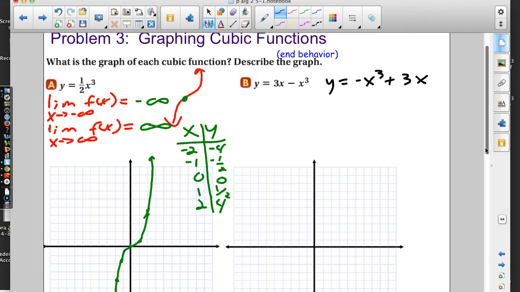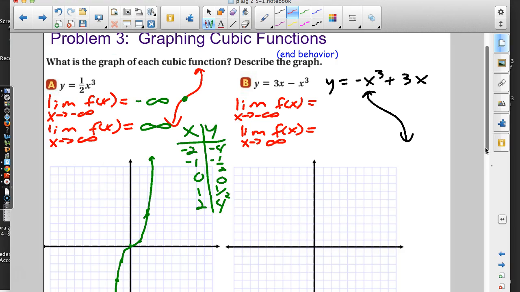There wasn't a negative for this one, so we've got to flip this one around backwards to do that little negative piece. So now we write the limit as x approaches -infinity, f of x equals something. Limit as x approaches infinity, f of x equals.